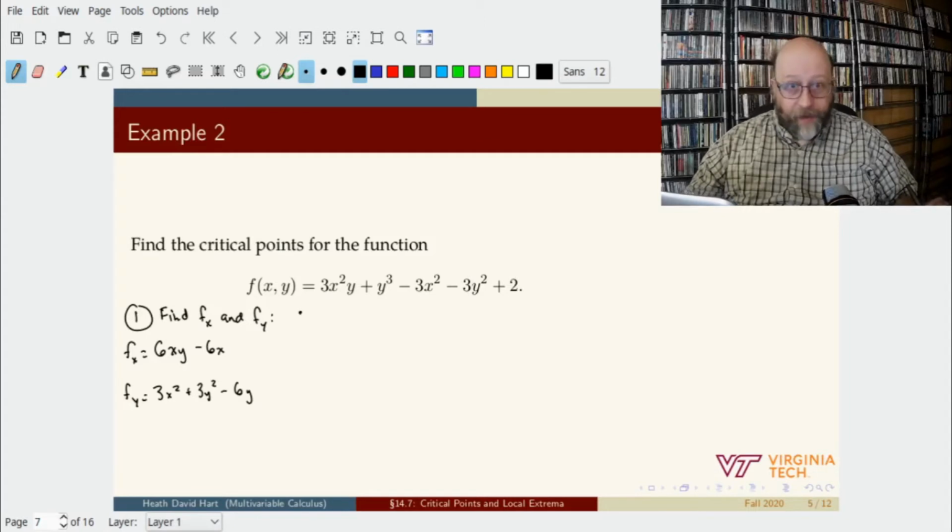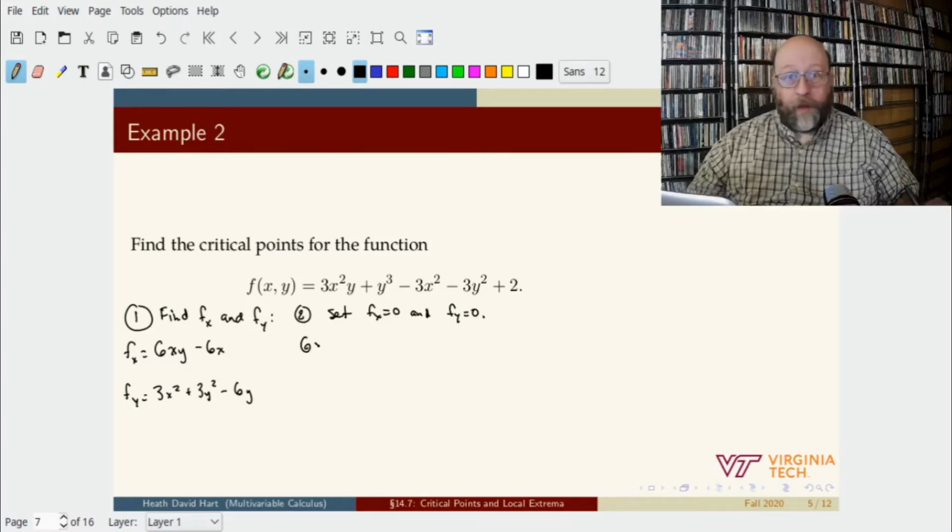We're going to set these equal to 0 and solve. So we get 6xy minus 6x equals 0. And we get 3x squared plus 3y squared minus 6y equal to 0.